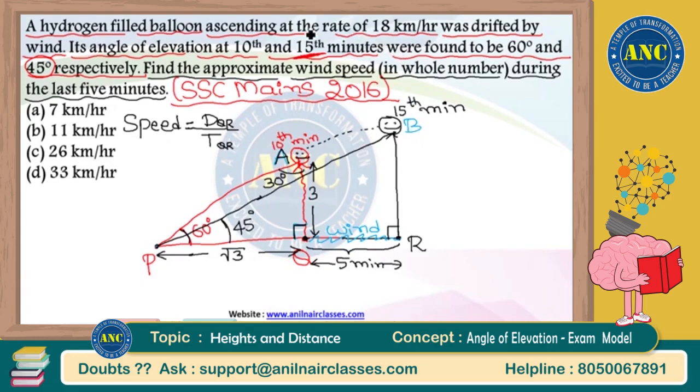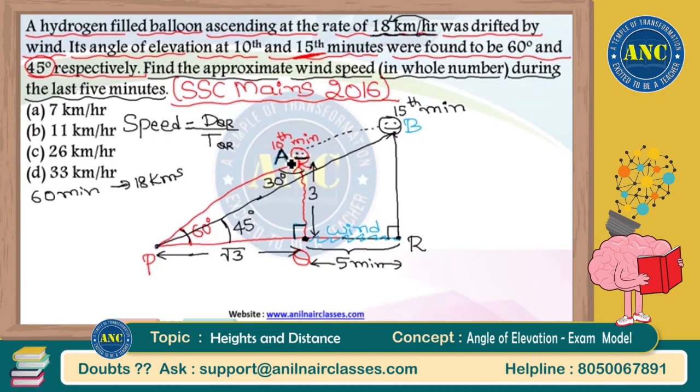It is given in the question that the balloon is ascending at the rate of 18 kilometers per hour. 18 kilometers per hour means in 1 hour, in 60 minutes, it will travel 18 kilometers. That means it was initially at the ground level Q, and till the 10th minute it was traveling at 18 kilometers per hour till point A.